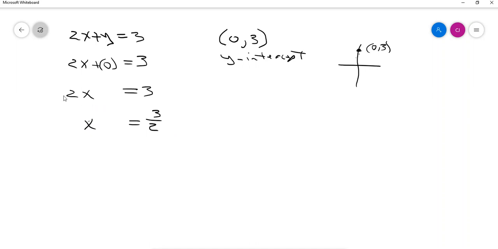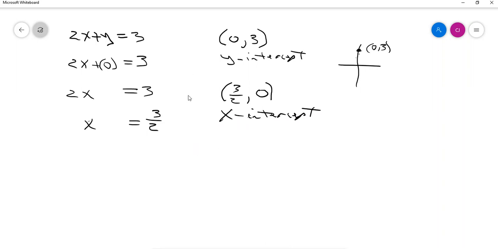When I divide this by 2 over 2, I get 1, so there's 1x. And when I divide 3 over 2, I get 3 over 2. So when y is 0, x is 3/2. That's my x-intercept. Okay.